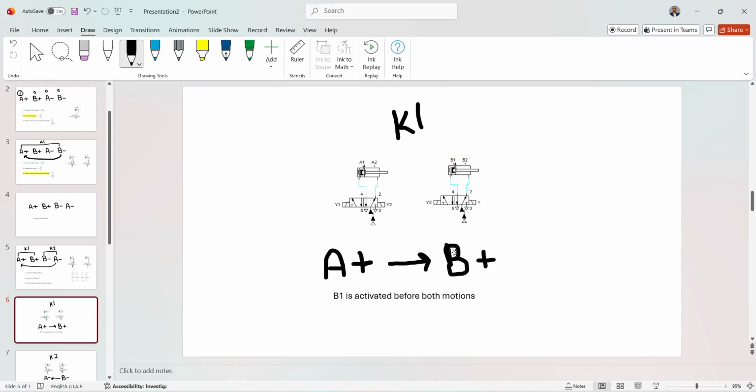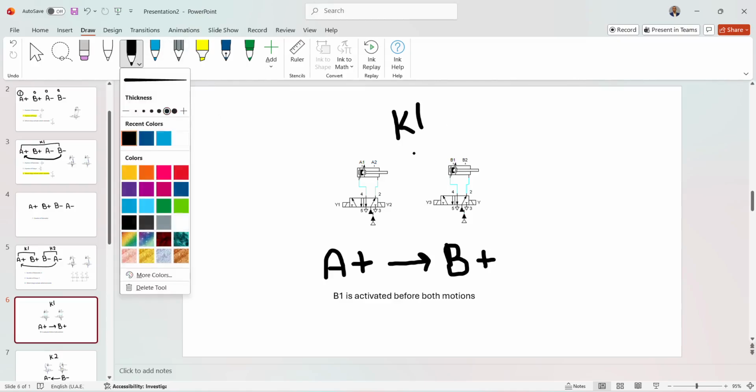This will result in cylinder B not being able to extend. But if we activate K1 by B1, B1 is static, it doesn't move, it allows A plus to happen, it allows B plus to happen, and then K1 is deactivated.